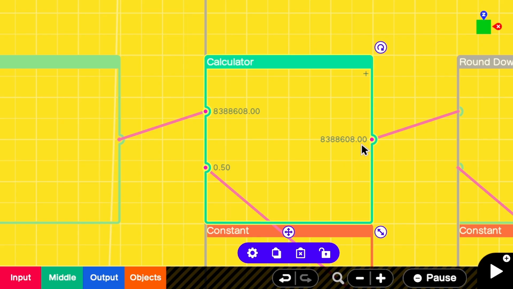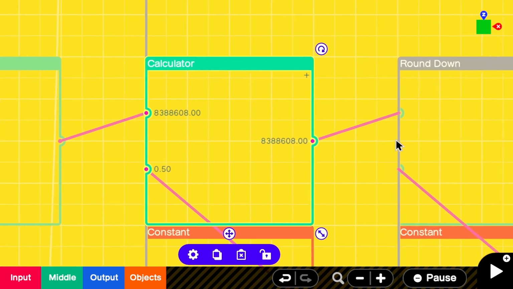For example, the game will see that it's trying to make 8388608.5, so it has to choose between 608 and 609. Since the basic rule for floating point is to always round to the nearest even number, its choice was 8 or 9, so it chooses the even number, which is 8. So here, 8388608.5 rounds to 8388608.